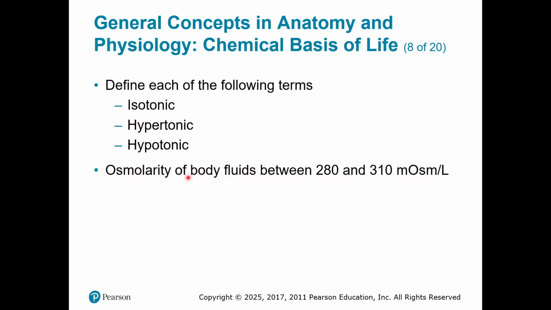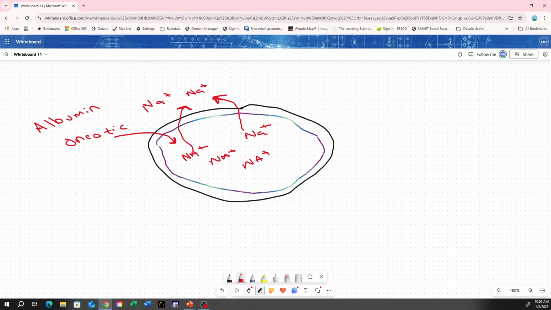Hypertonic is a more concentrated solution, so it has a higher osmotic pressure. We just mentioned how if something is more concentrated, it's going to draw fluid away from that, and that's the example I just showed right here.